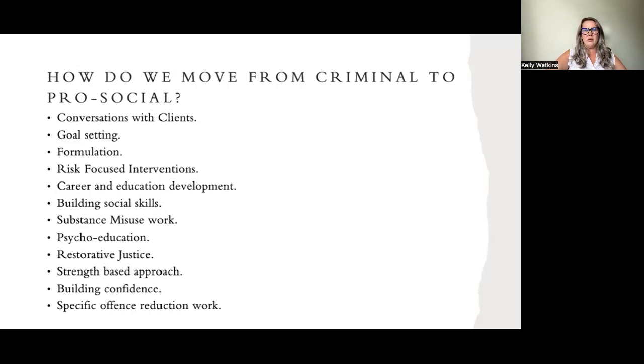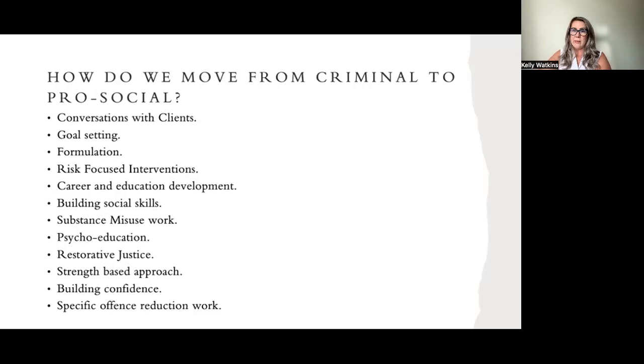If someone's been in prison for a massive chunk of their time, the world changes so quickly. So it's about maybe exploring, okay, so what is it that you need to know to reintegrate into society well, and to not return to engaging in criminal behaviour.